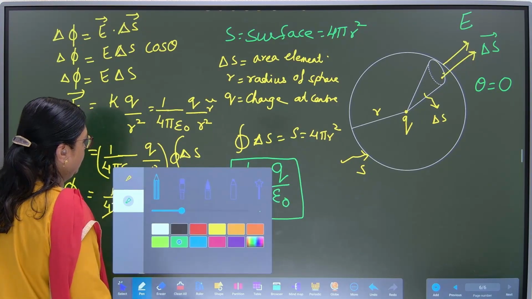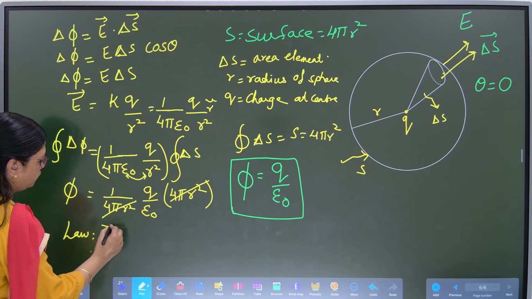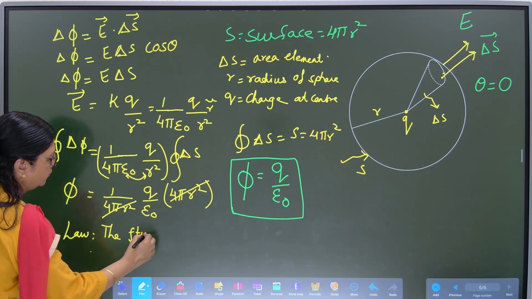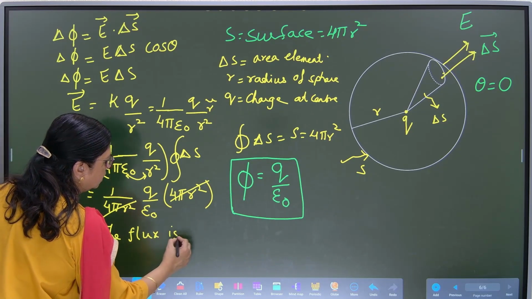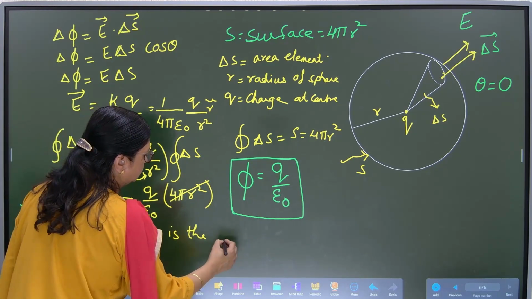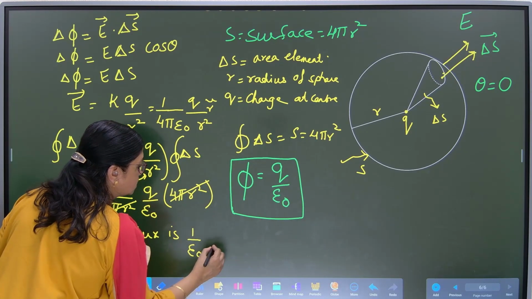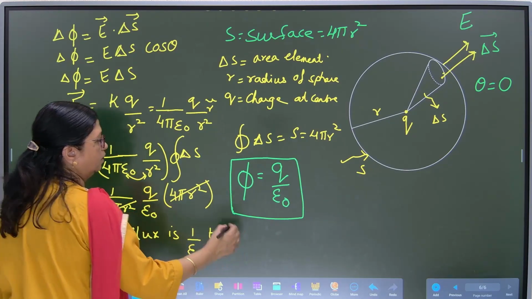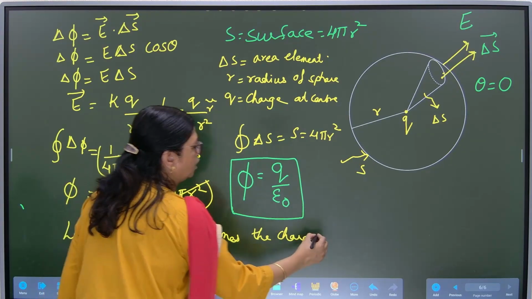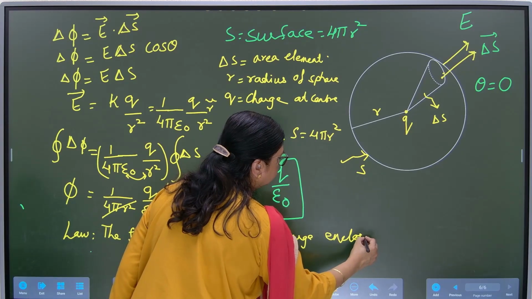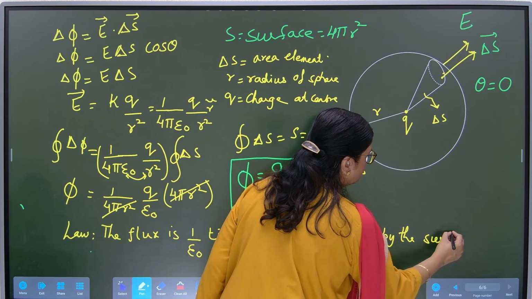I can say that the law states that the flux is 1 upon epsilon naught times the charge enclosed by the surface under consideration.